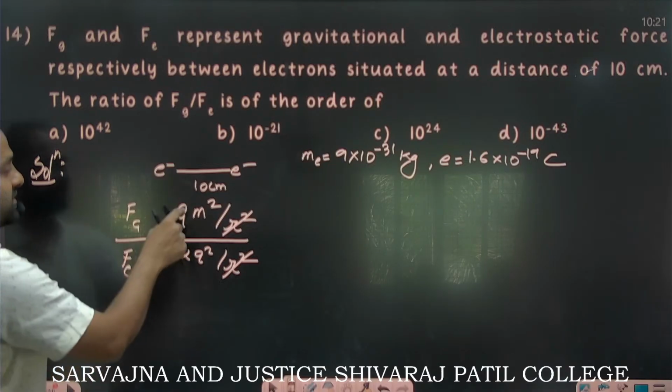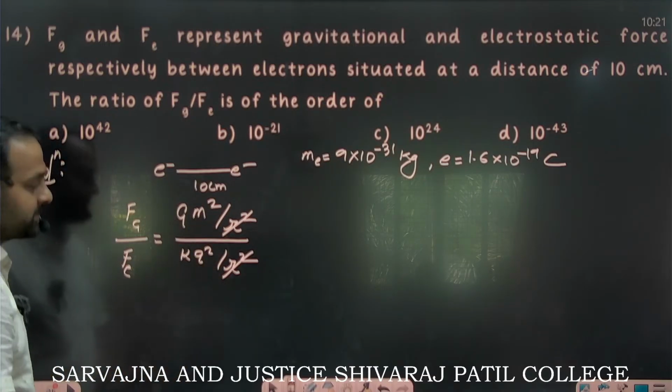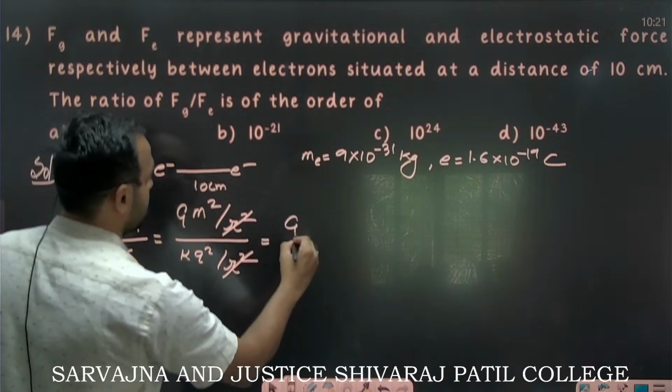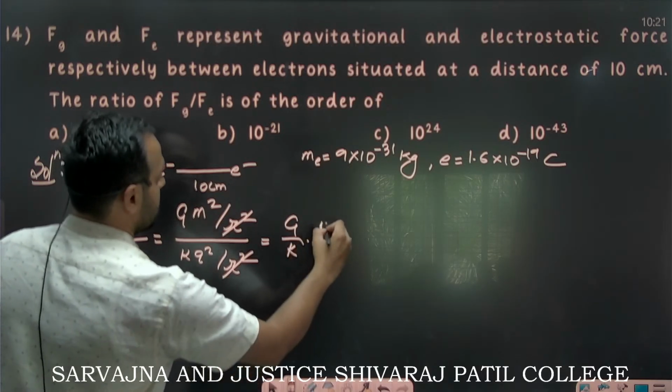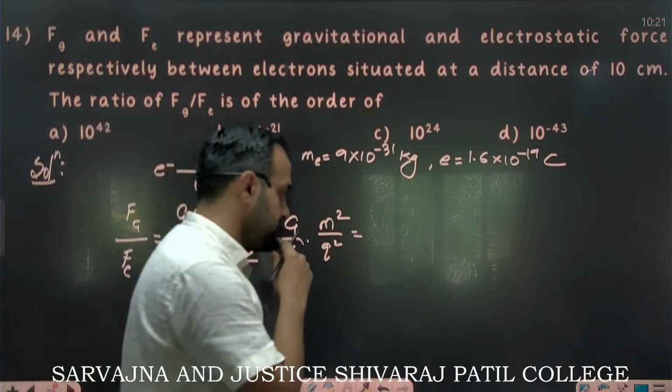When you write gravitational force, r will not be different from when you write electrostatic force. So basically you will get G by K into m square by q square.